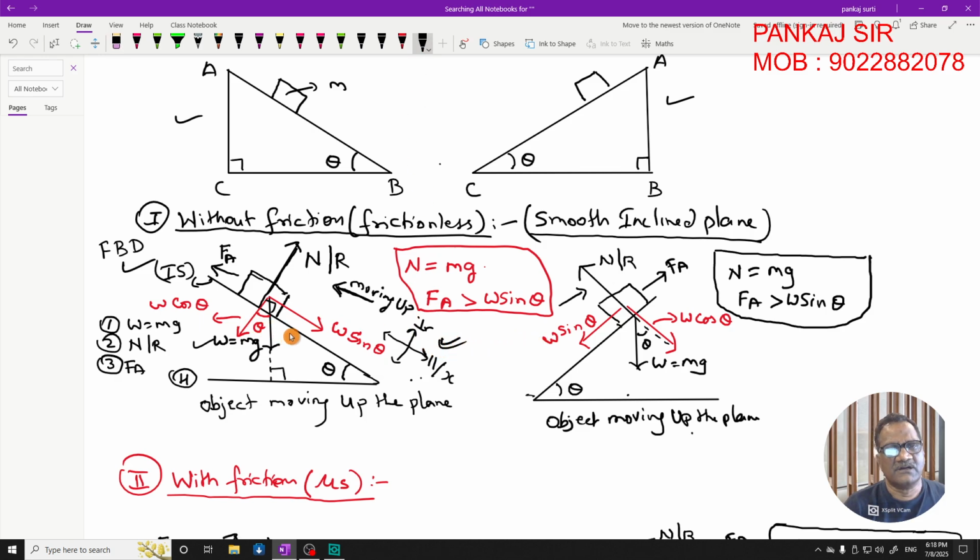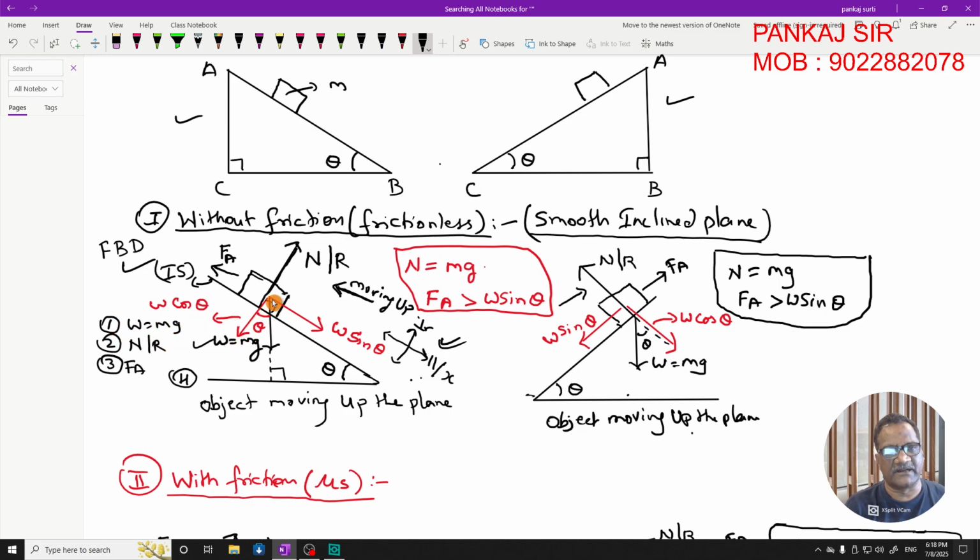So along this parallel and perpendicular coordinate axis, you are going to resolve the force which is inclined. Now out of these three, W equal to mg force is not inclined.